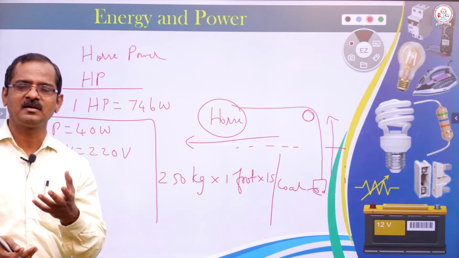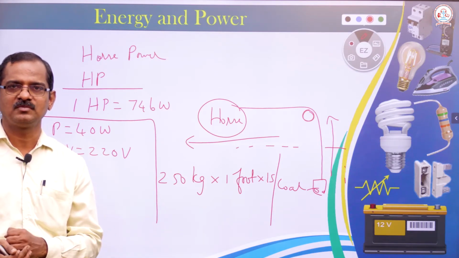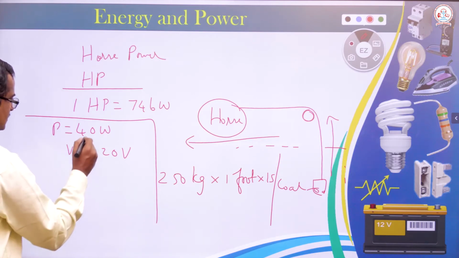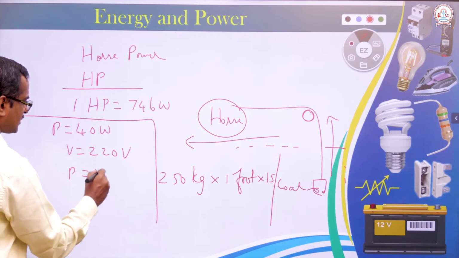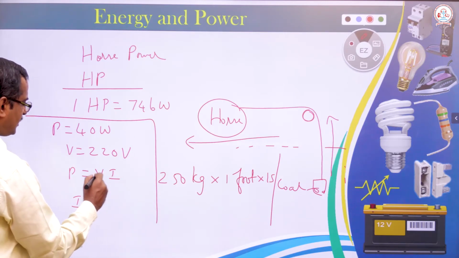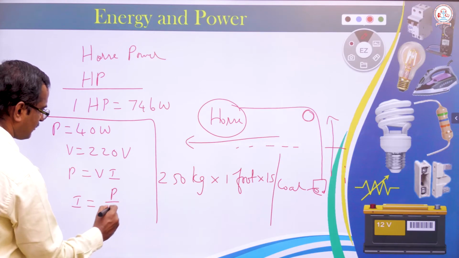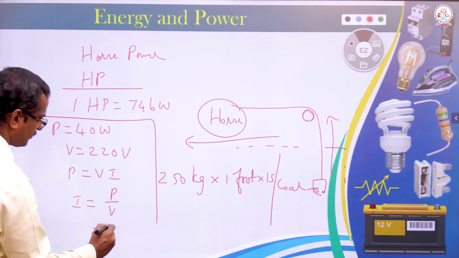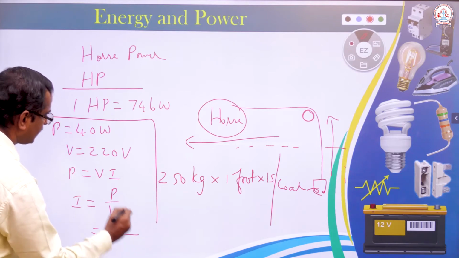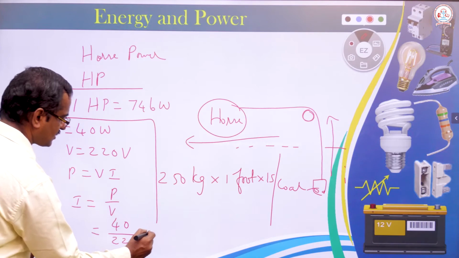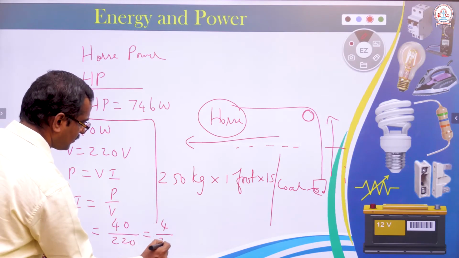Then how much current is required by the bulb? Just apply this formula, power equals voltage into current. Then current I is equal to P divided by V, that is 40 divided by 220 volts. The zero gets cancelled, so that is equal to 4 divided by 22.